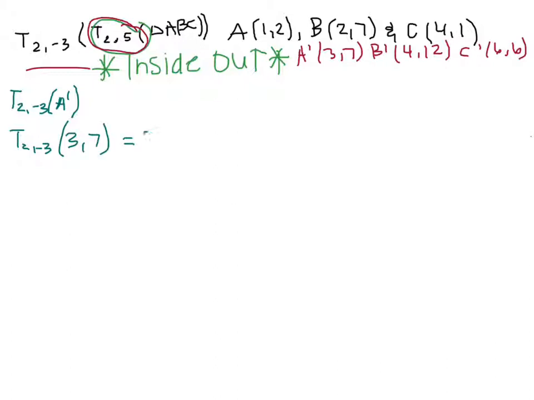So I can take my x value plus my horizontal shift, my y value plus or minus my vertical shift, and my A double prime, because this is the second position for point A, is 5, 4.